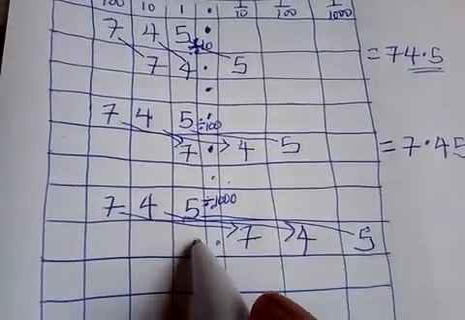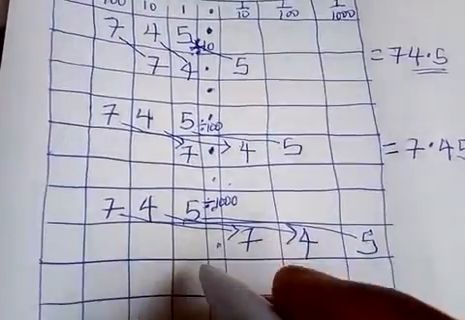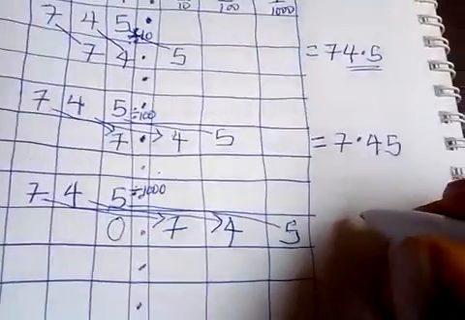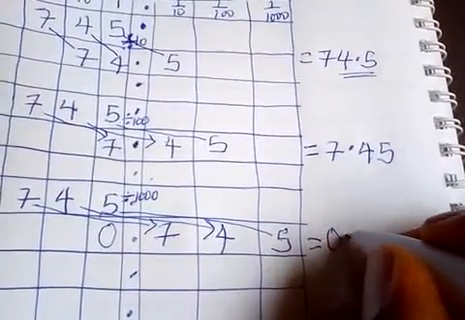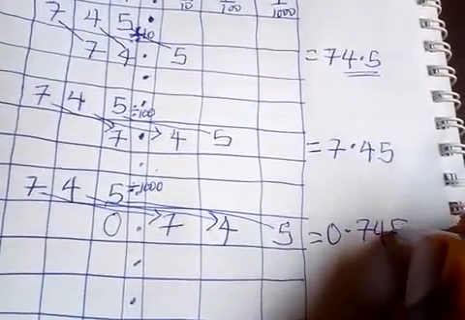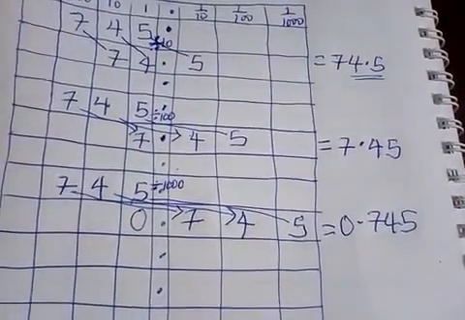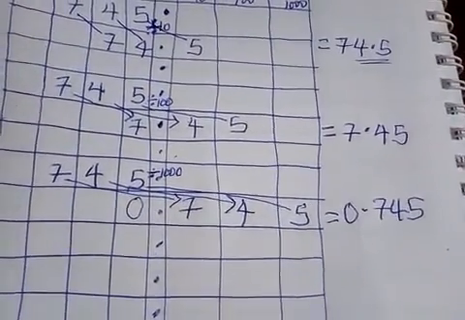And because they left an empty space before the period, we'll put a 0 here. So our answer is 0.745. Please listen to the video again if you don't understand. You can ask me any question.